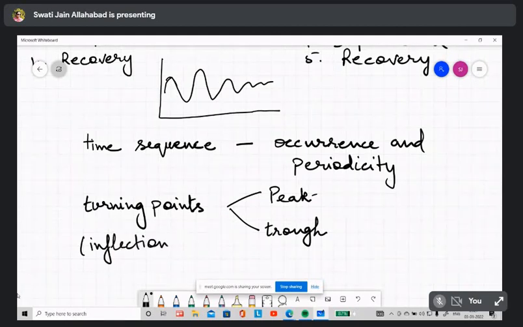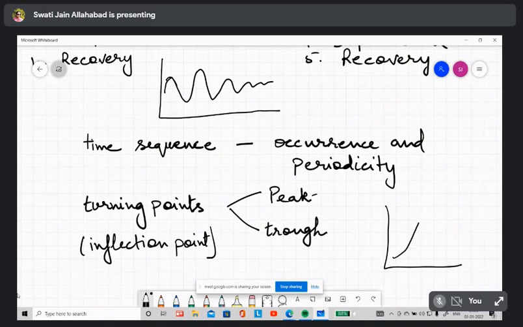Maybe you remember this term from your BA first year paper 3. The turning point on every curve, like the inflection point on the production curve, if you remember that. This is the total product curve, and you find the inflection point where the slope changes.